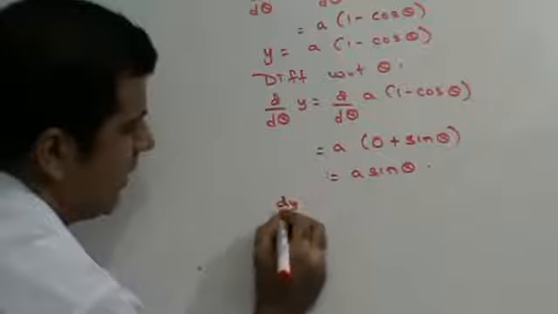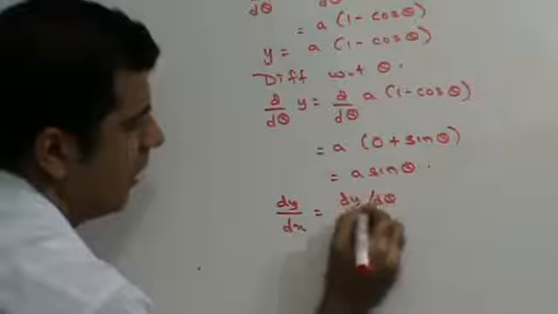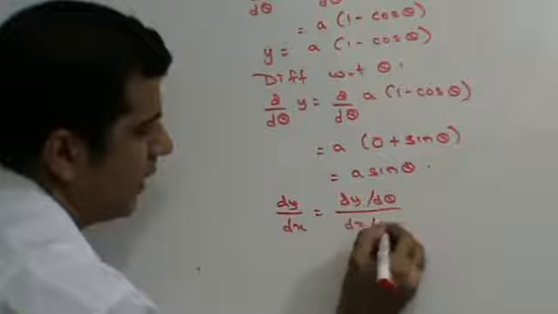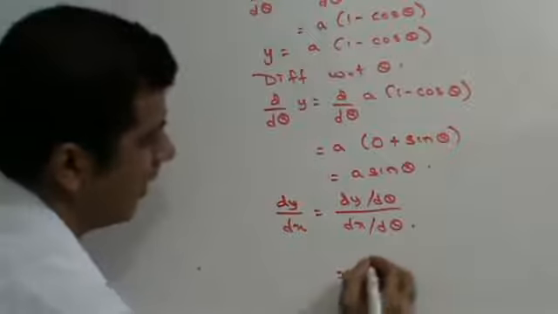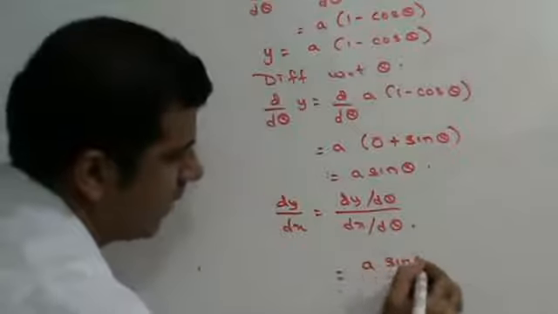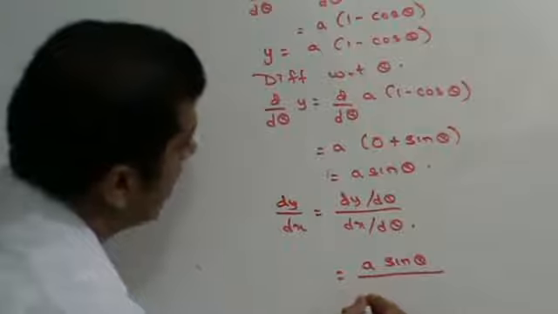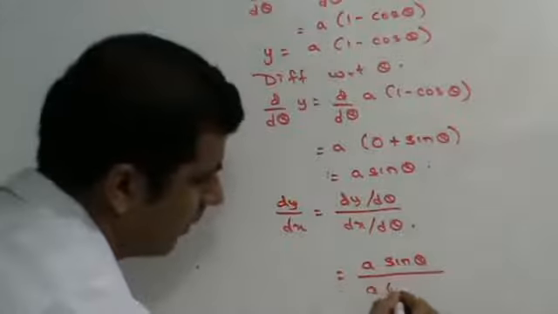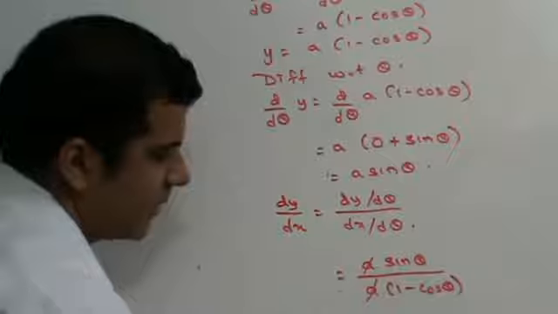Now you can say dy by dx is nothing but dy by d theta upon dx by d theta. So this is going to be equal to a sin theta upon a 1 minus cos theta. a and a get cancelled.